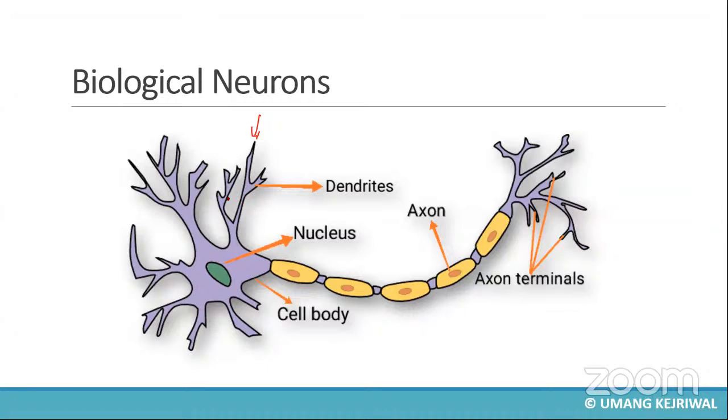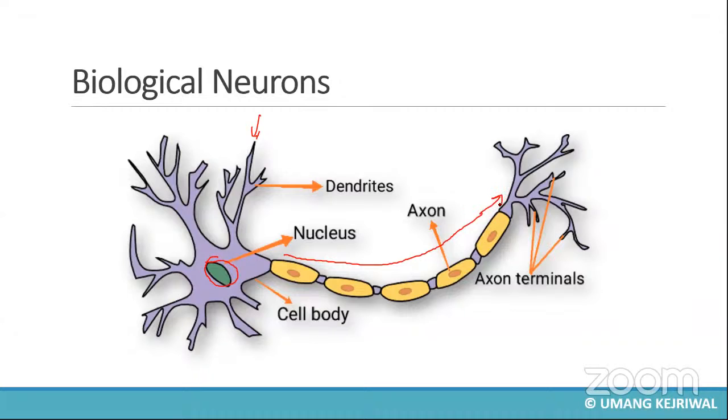After collecting, the information is sent to the nucleus, and the role of nucleus is to decide the output according to the input received. Then that output is transferred through the axon to the axon terminal.